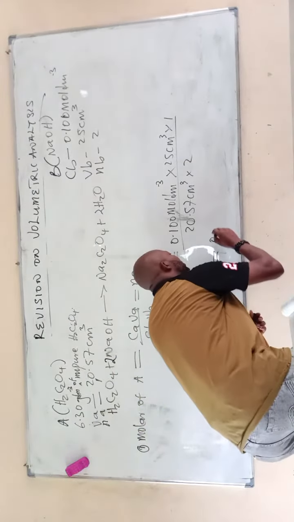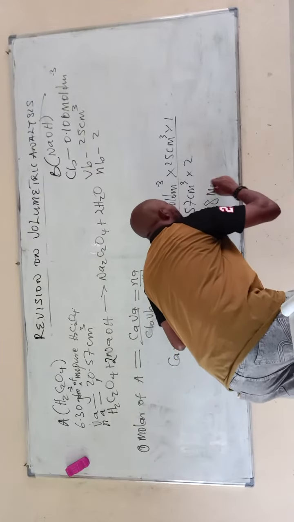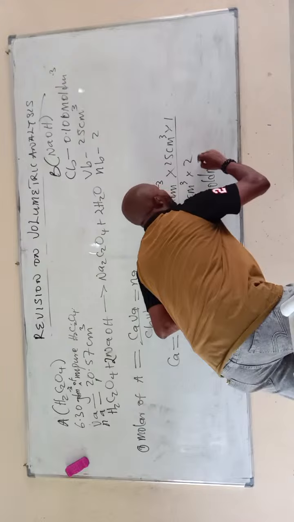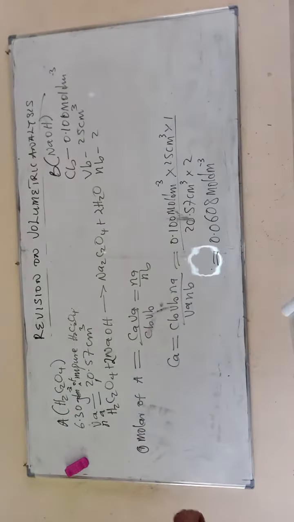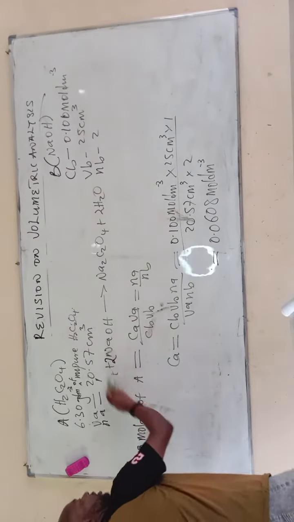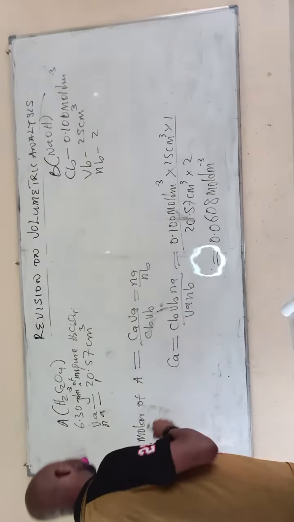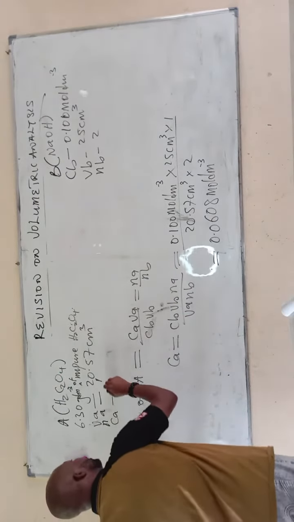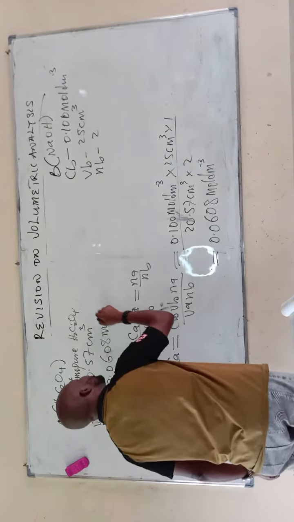We have 0.0608 mole per dm³. So the concentration of the acid is 0.0608. So let me take this out so that I can put that in. So my CA is 0.0608 mole per dm³.